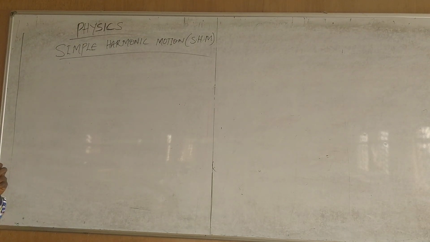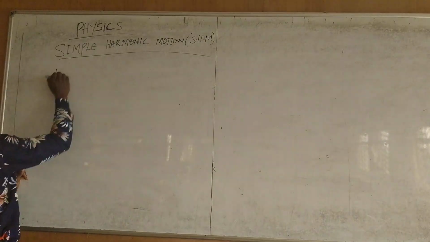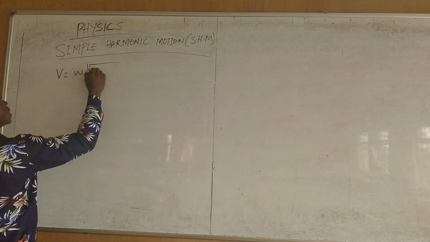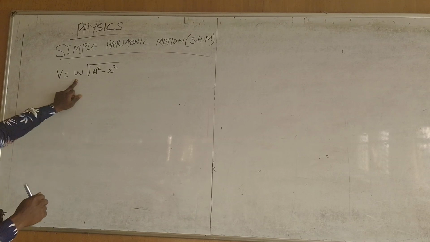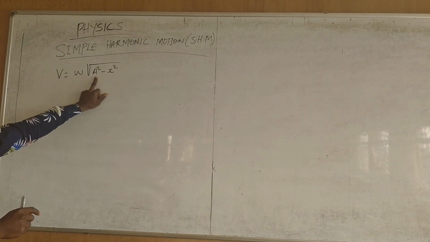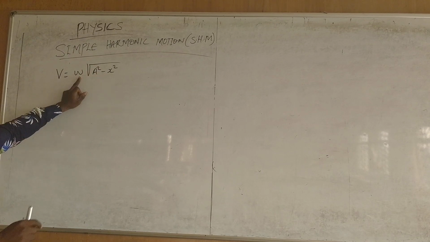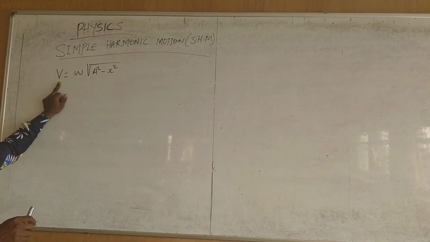The linear speed of a body undergoing simple harmonic motion at every point in time is given by V equals omega root A square minus S square. This is speed, this is angular speed, this amplitude, why this what? Displacement in meter. Amplitude in meter, angular speed in radian per second, and then speed in meter per second.